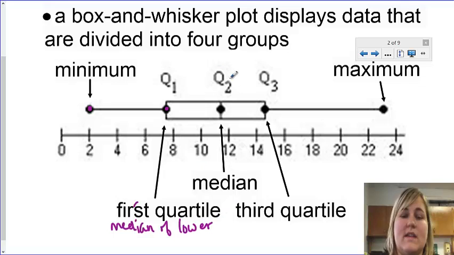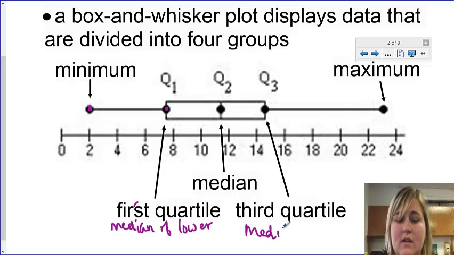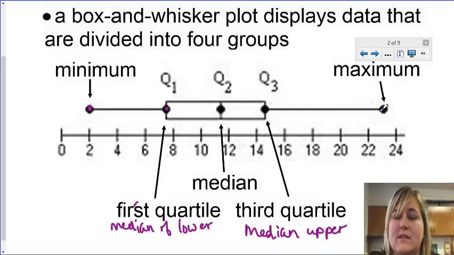The median, or the second quartile, also known as Q2, is the median of all. So the median of the entire set of data. The third quartile, or the median of the upper, is our third quartile, or Q3, and our maximum is our largest data value.